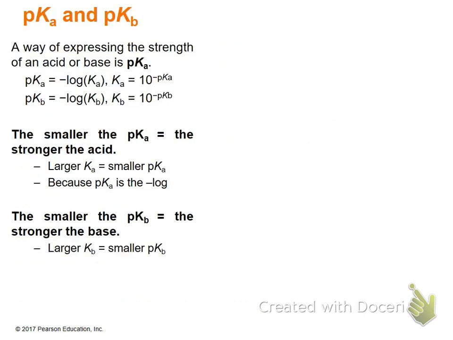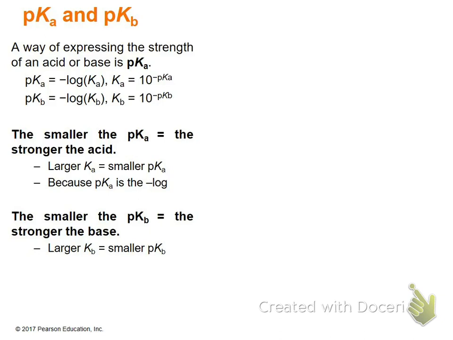All right, so another way of looking at the strength of acids and bases is to look at their pKa values and the pKb. In the previous lesson, we learned that the letter P in pH and pOH means that it's a mathematical operator. If you put a P in front of anything, pH, pOH, it means you're taking the negative log of that value.